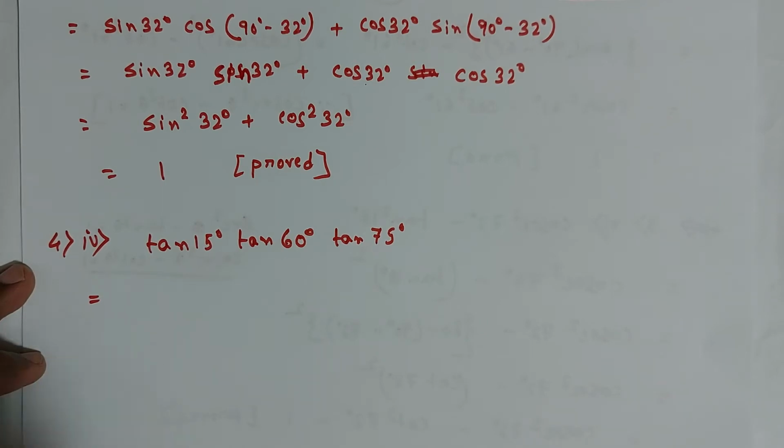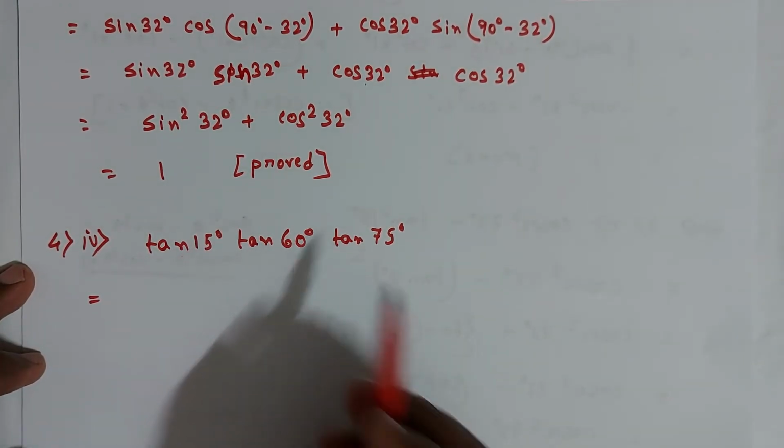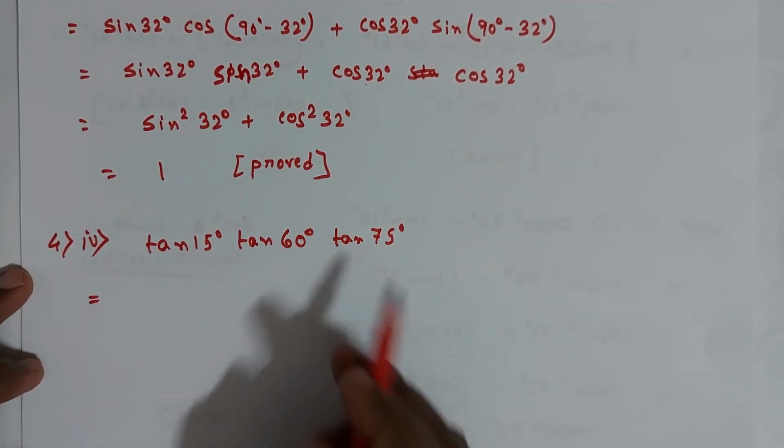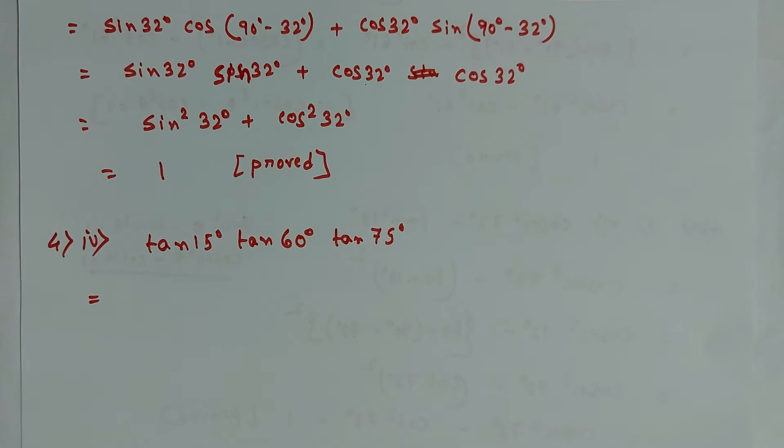Now tell me, between these three specific angles, tan 15, tan 60, tan 75, which angle's value do we know? Tan 60, that value we know from the trigonometric table, isn't it?